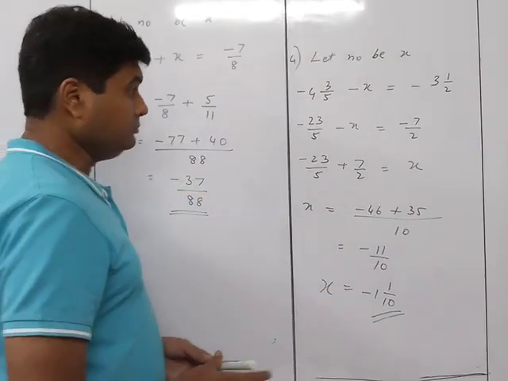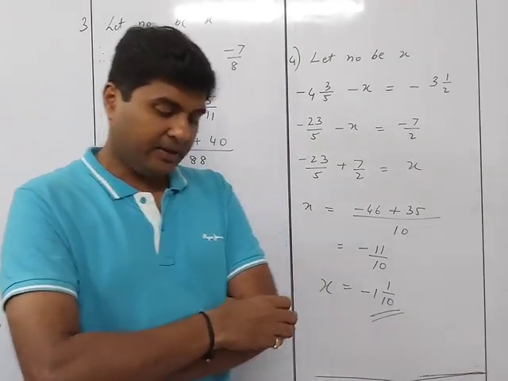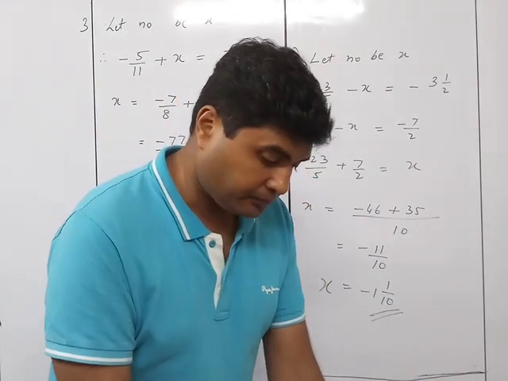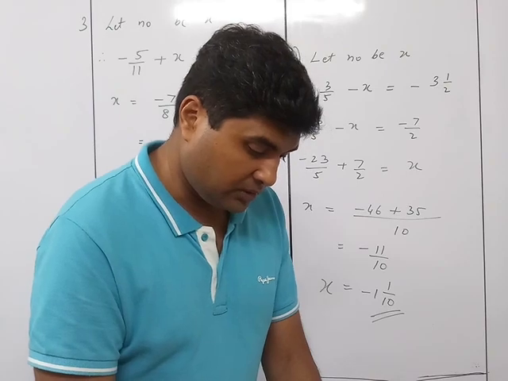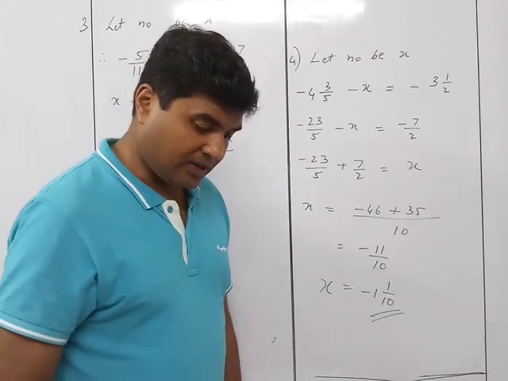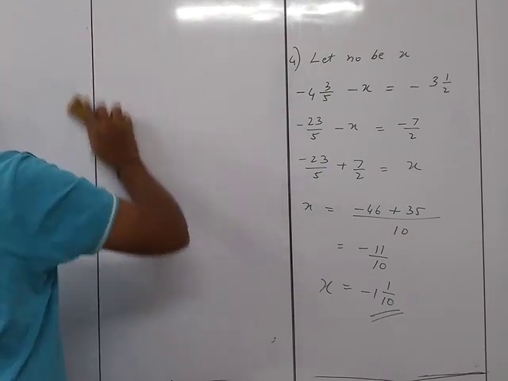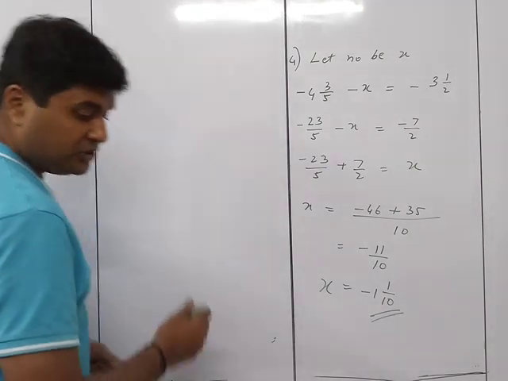So the number which needs to be subtracted is minus 11 upon 10. So that was the fourth question. We come to the last question of this exercise as per your school portion, that is the fifth question.